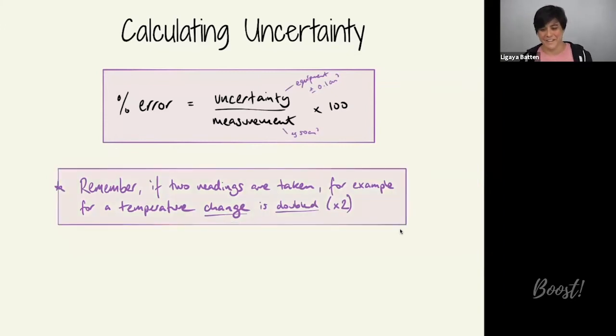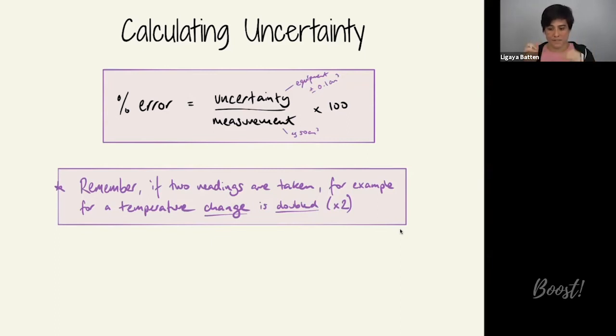Remember that if you're taking two readings, for example, you're measuring a temperature change, which is what you're doing in this enthalpy change reaction, then you have to double your uncertainty value, the one on the top of the equation there, because you have to measure a start temperature and an end temperature. So you're taking two readings and your uncertainty is going to apply to both of those readings.